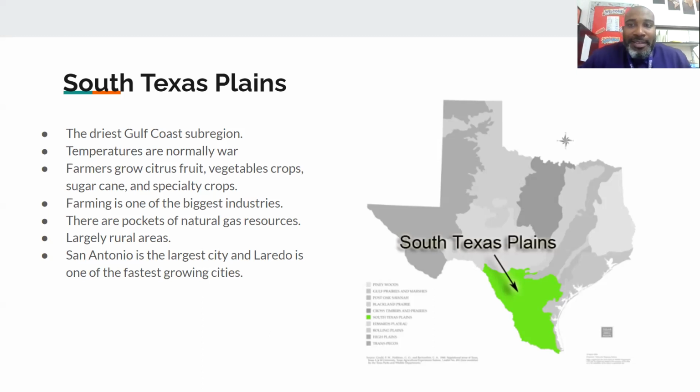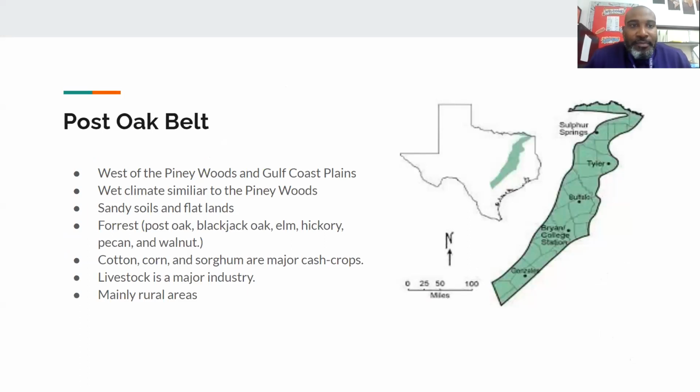Farming is one of the biggest industries in this area. They have pockets of natural gas resources. It is largely made up of rural areas. San Antonio is the largest city in the South Texas Plains. Laredo is also there, so you have two major cities in the South Texas Plains.